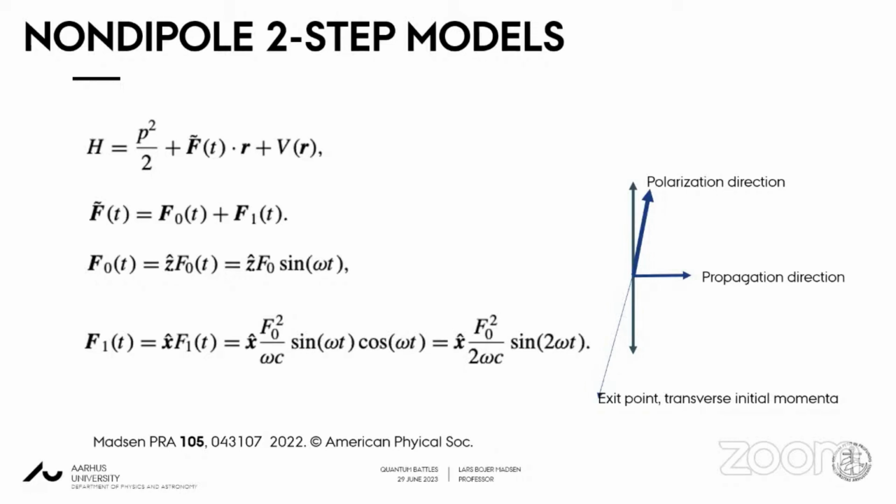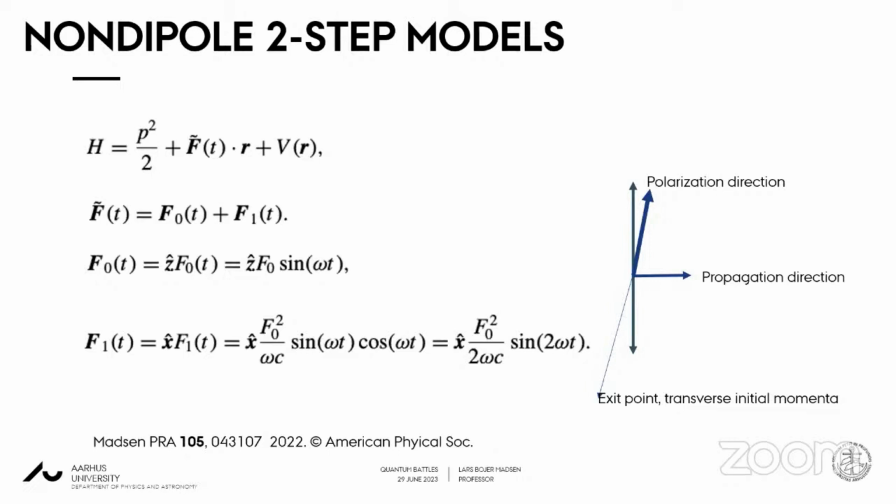But this is the E field, now with the dipole E field and the correction. The dipole E field is along z, so this is this one here. And the correction is along the propagation direction. So at a particular instant of time, the field points here. It's not along z, but it's tilted a bit. This means that when the field points here, the negative electron exits here.